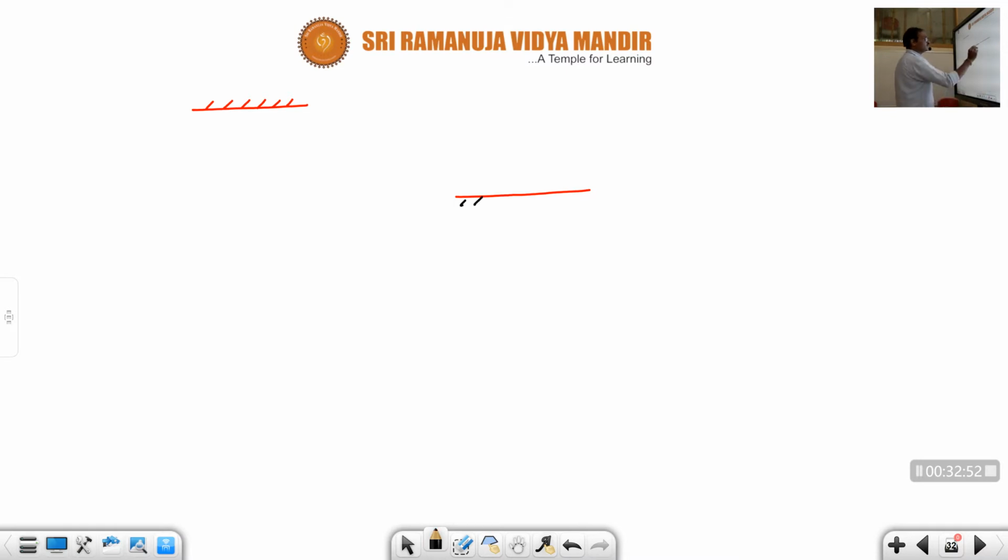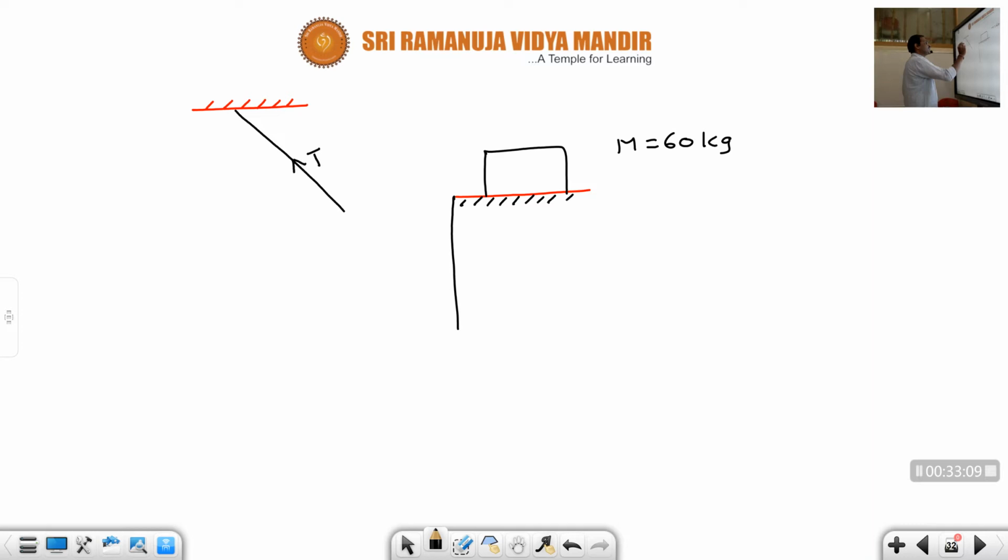On this rough horizontal surface, the block of mass m = 60 kg is kept, such that one string is there with a tension T1, held at an angle 45, and then a block with some weight W is there, connected to another string with tension T2. Now here the μ value is given as 0.5.